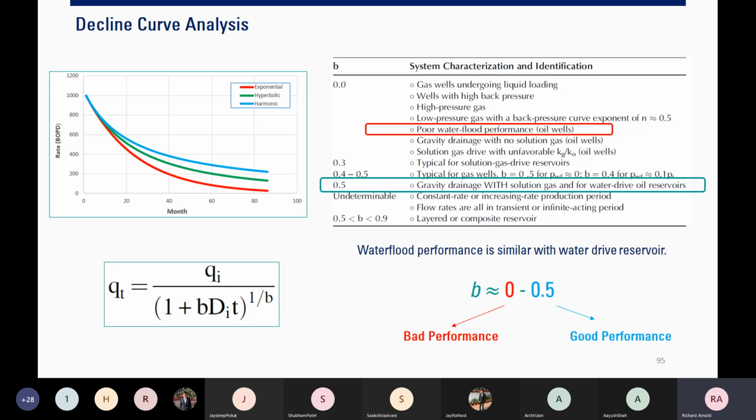Wells working under a water flooded reservoir, if the water flood performance is quite good, can give you B equals 0.5, which is shown also by water drive reservoir. Okay, so your performance will be more or less like a water drive reservoir with B equals 0.5.